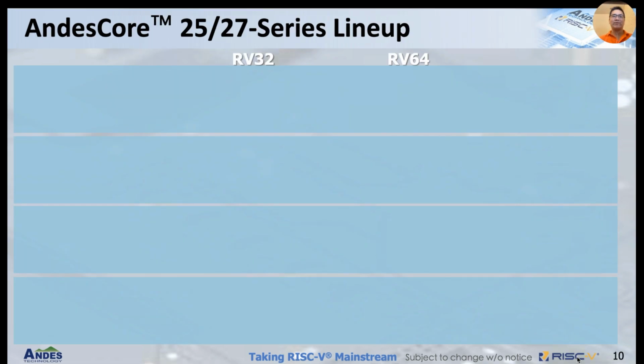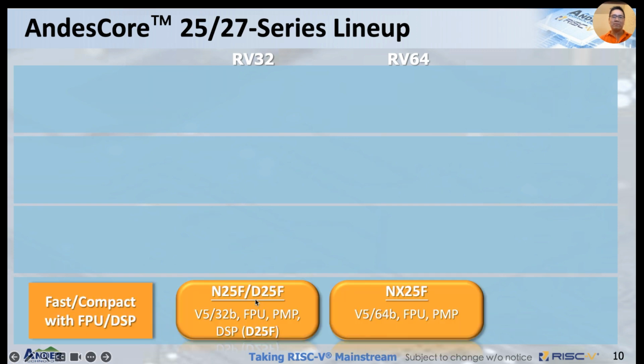Next, let's look at the 25 and 27 series processor lineup. They support RV32 32-bit processor and also RV64 64-bit processor. Like the 45 series, it's a family with different cores. The baseline is the N25F, which is a fast and compact processor that can optionally support floating-point units.